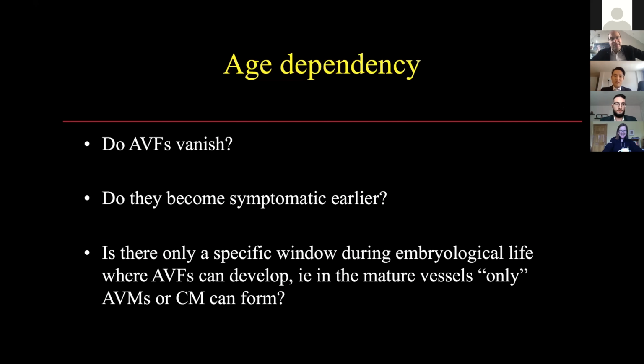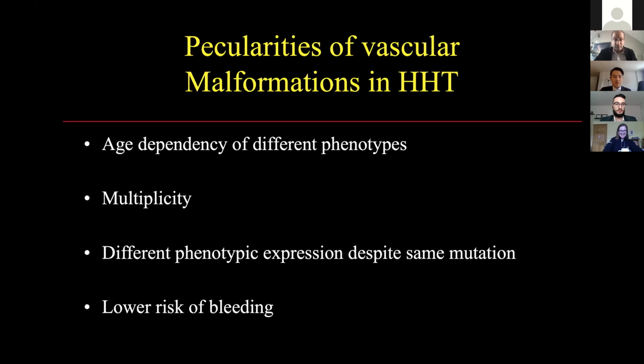And this leads us to the question, do those fistulas vanish, or do they transform into an AVM? Or do they just become symptomatic earlier? And we believe that this is the case. Since they tend to hemorrhage more often, these are also the ones that we would always treat.